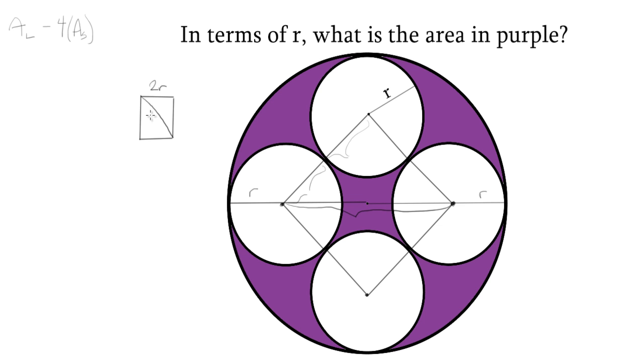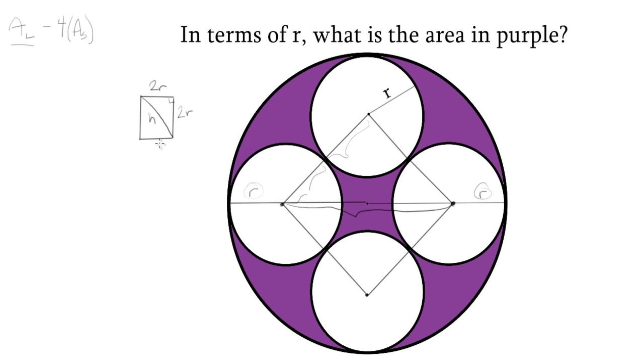So if I can find the hypotenuse of this right triangle, I will then be able to find the diagonal of this square right here, add to it 2 r's, then I'll be able to use that as the diameter of my larger circle, divide it by 2, and then I will have the area of the larger circle.